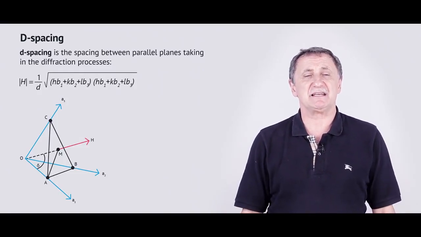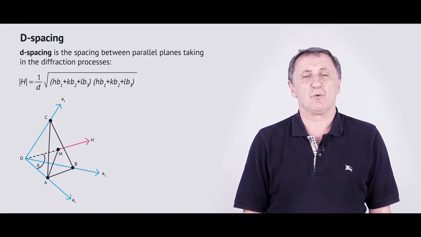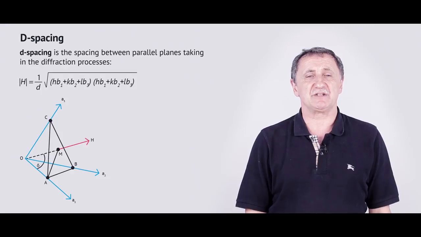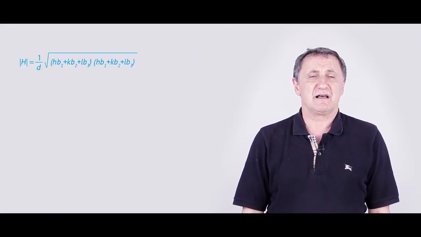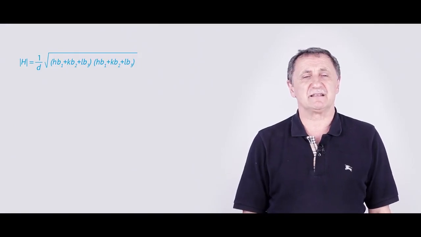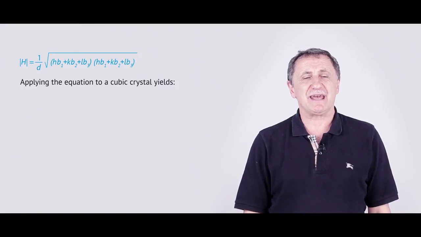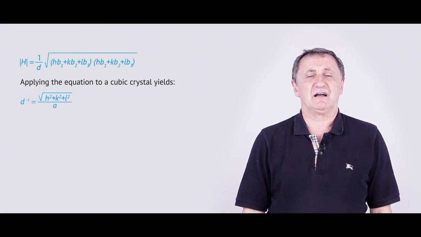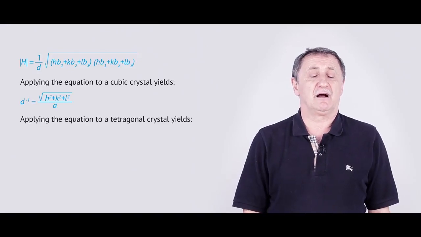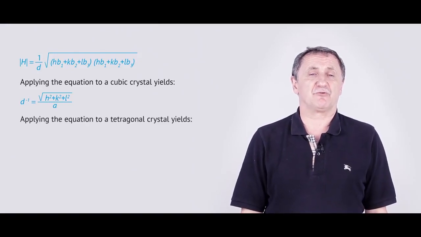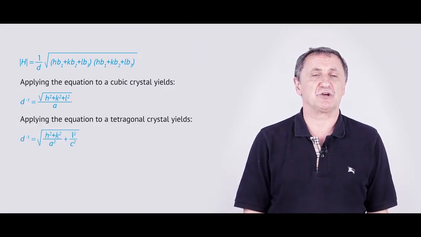D-spacing is the distance between any selected parallel planes with the Miller indices H, K, and L. And knowing d, then by very easily derived formulas which are presented on this screen, you can find the geometrical parameters of your crystal structure. For example, for a cubic structure, you will find the length of the edge of the cube.